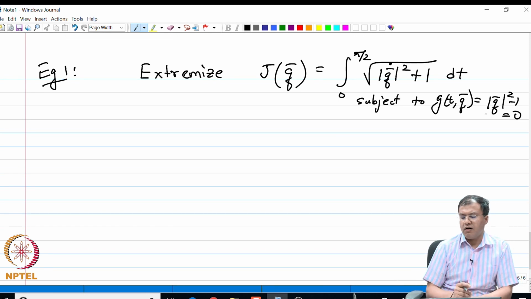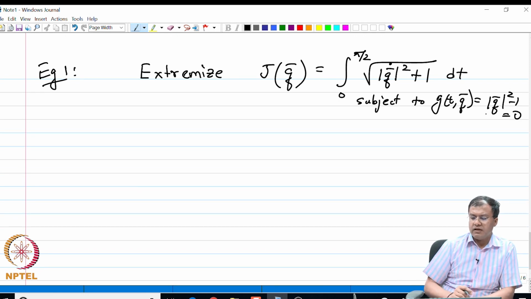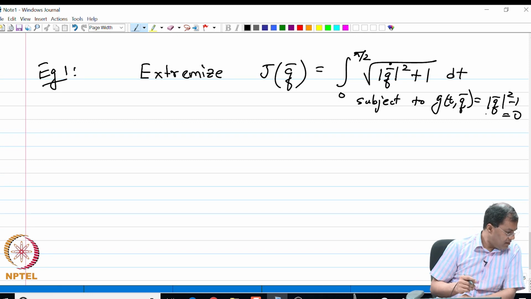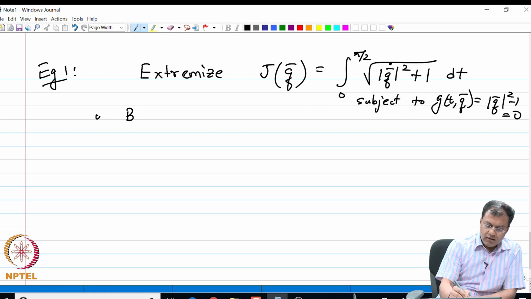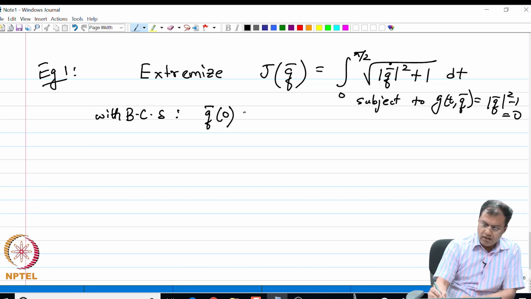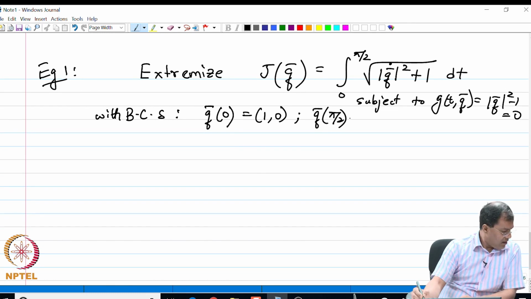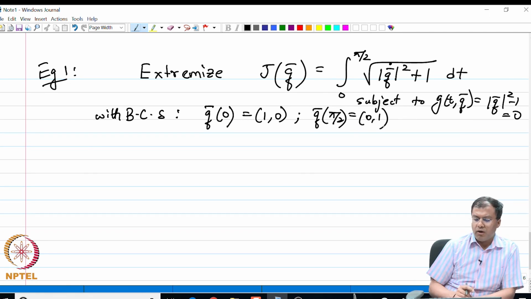So, this is a case of constrained optimization subject to a holonomic constraint. Further, with my boundary conditions, q bar at 0 is 1 comma 0 and q bar at pi by 2 is 0 comma 1. So, this is a problem with two variables.